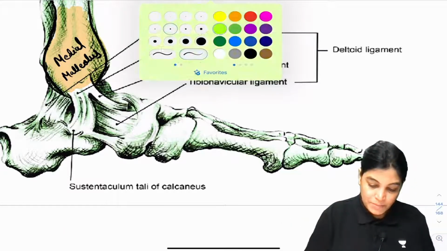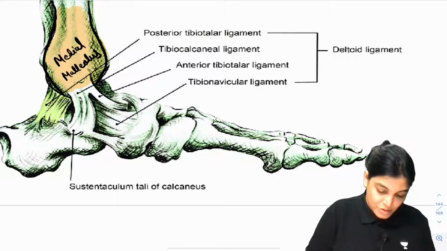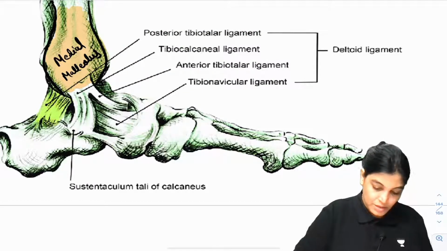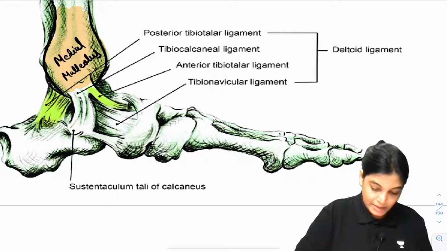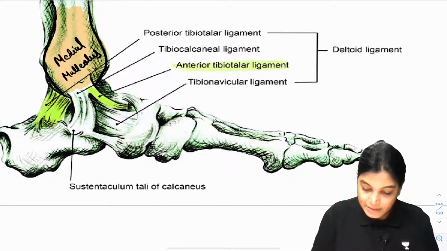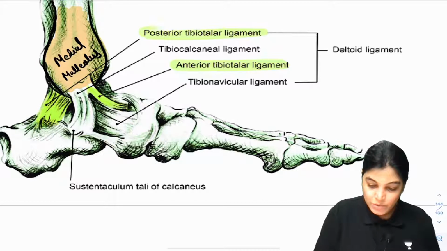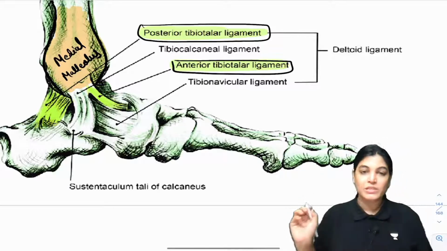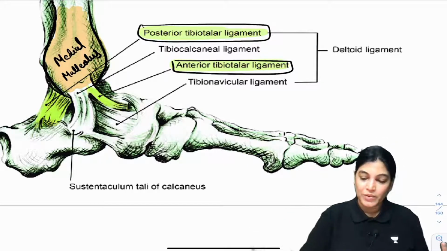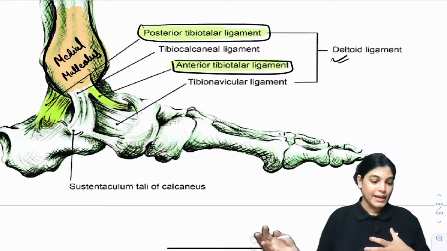Now, from the medial malleolus, you can see 2 extensions. One is proceeding backwards and one is going anteriorly, which I have shown you with the green color. This is the anterior tibiotalar and this is the posterior tibiotalar. That means these extend from the lower end of the tibia to the talus, anteriorly and posteriorly. These are the parts of the deltoid or medial ankle ligament.